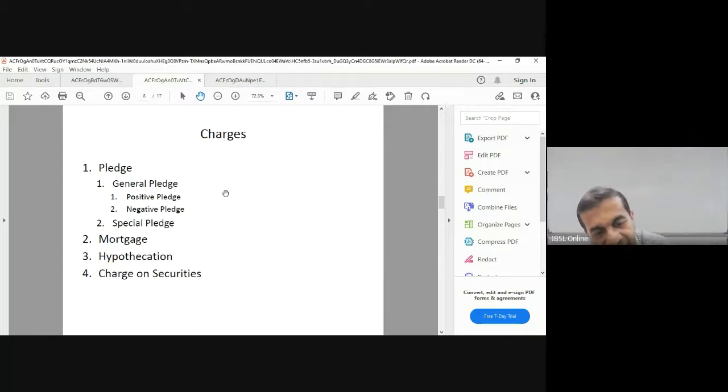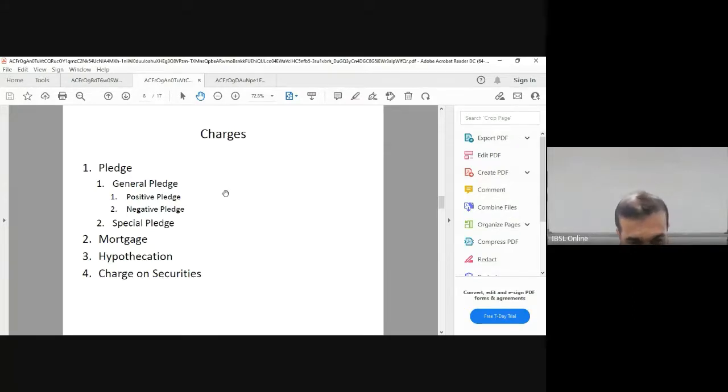A negative pledge is the opposite, where we don't have the goods. We ask the customer to keep the goods in his custody and write a pledge document. Obviously, these types of pledges will be extended only to very healthy, high net worth customers whom you can believe, and you have to take an undertaking that they will not pledge these goods to any other bank unless we have given them concurrence.